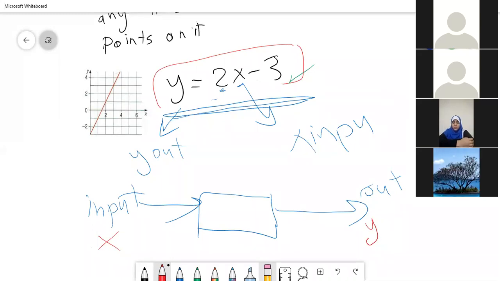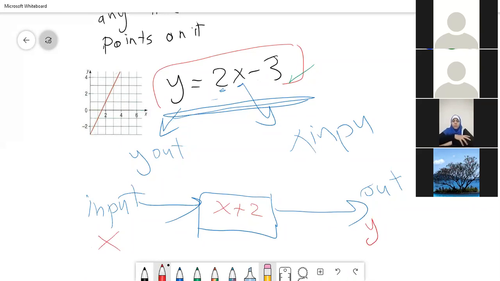And the rule, for example, is x plus 2. What is the function here? x plus 2 is the function.